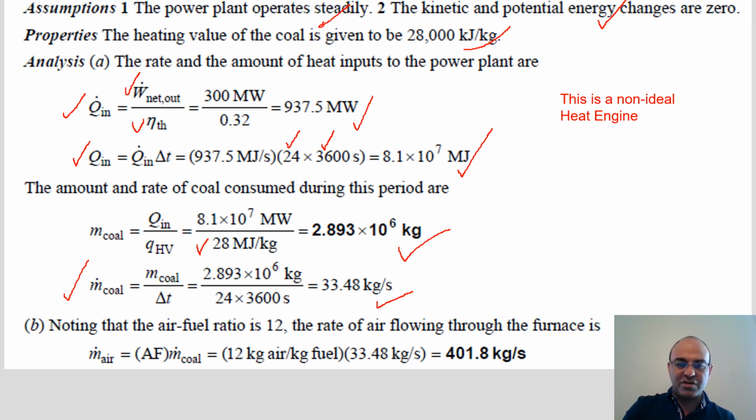In order to find the air flow rate, we note that in the problem, the air-fuel mass ratio is given, which is 12. So the ratio of air to fuel is 12. If we multiply the coal mass flow rate by 12, then we can find the air mass flow rate, as given here.